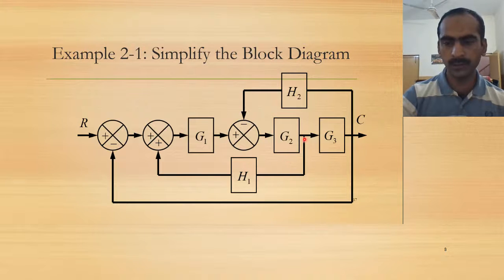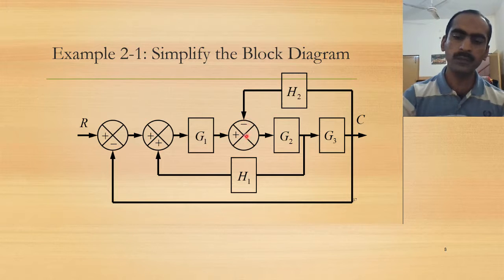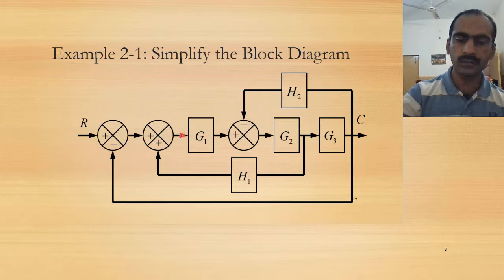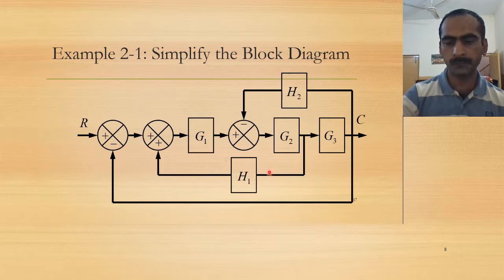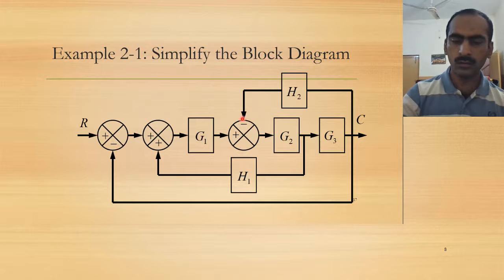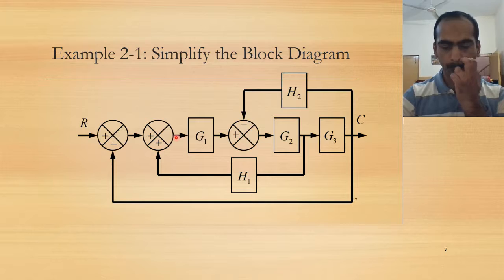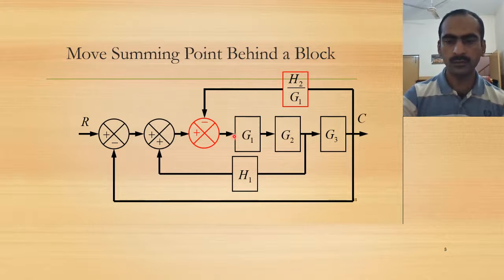For example, if I move this branch point ahead or move this summing point behind this G1 block, I will have some freedom. Or let's move this summing point behind G1 here, and you will notice that H2 has been changed and it should be divided by G1. Why?